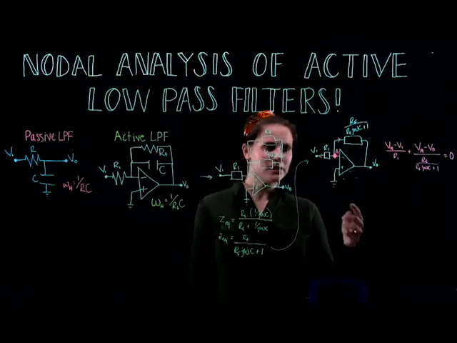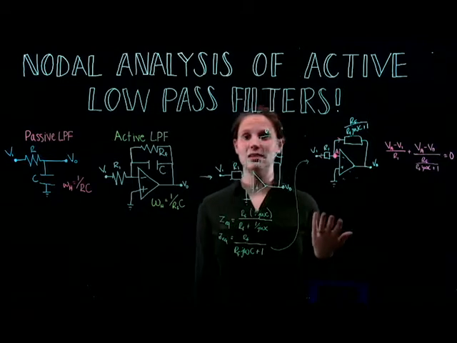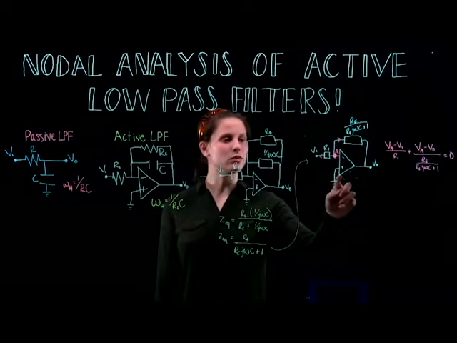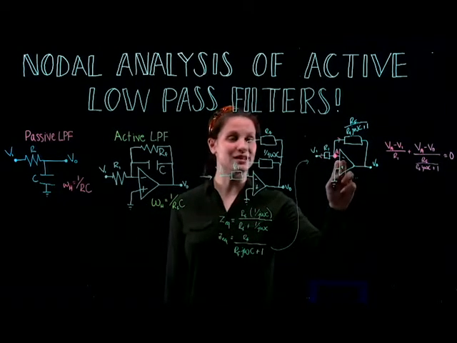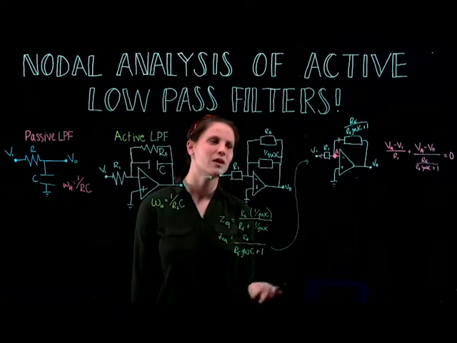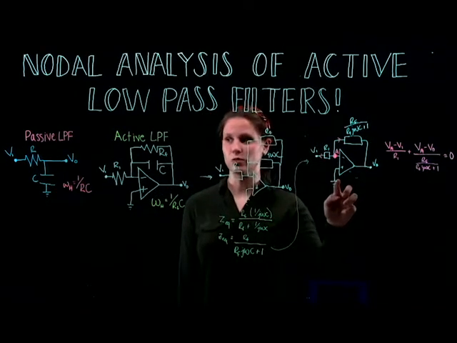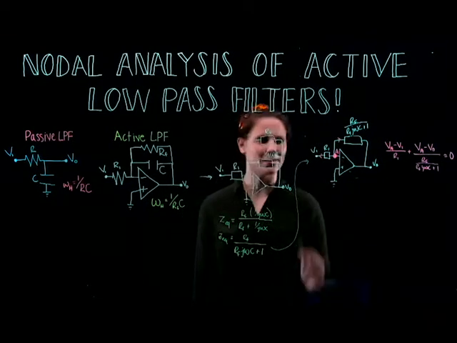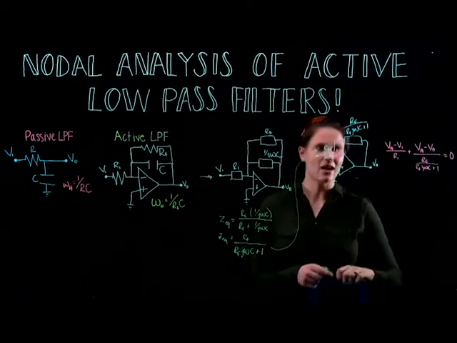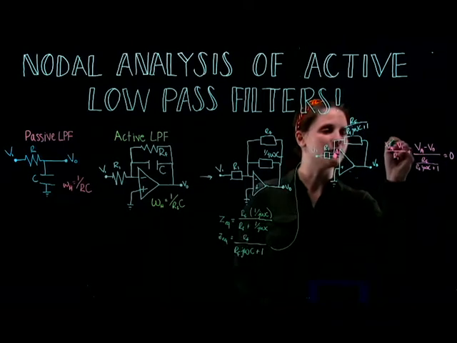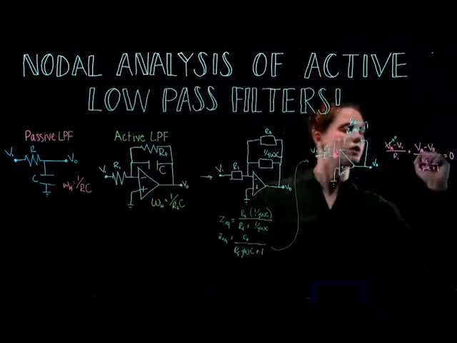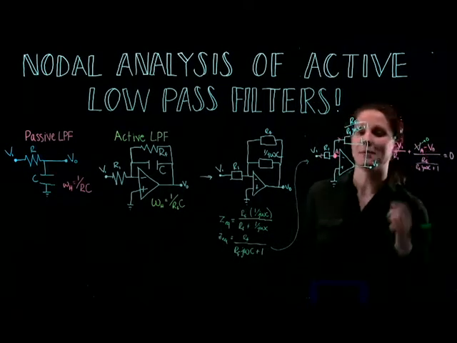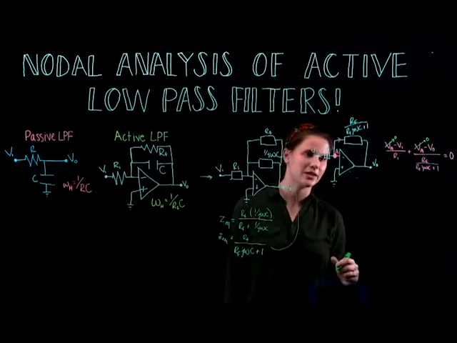By this point, we know that in an ideal op-amp, the voltage going into the positive terminal and into the negative terminal has to be the same. Here we know our positive terminal voltage is 0, so that means our negative terminal voltage must also be 0. So we can take our VA and set it equal to 0, just because of that grounded positive terminal. And that makes our analysis a lot easier.